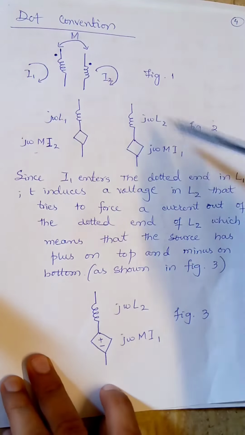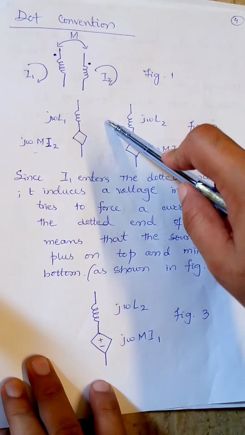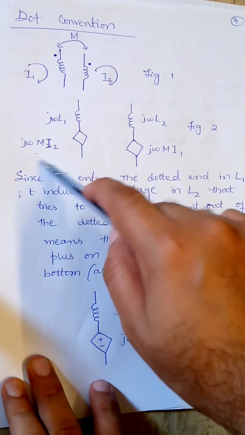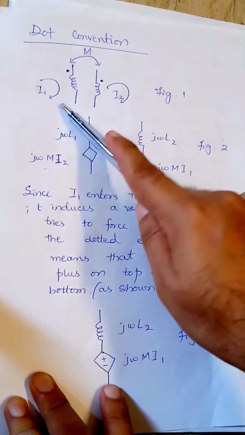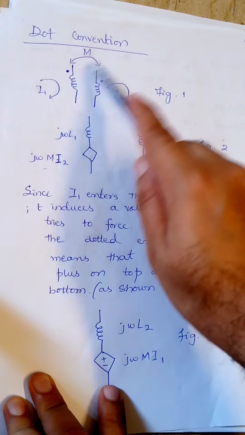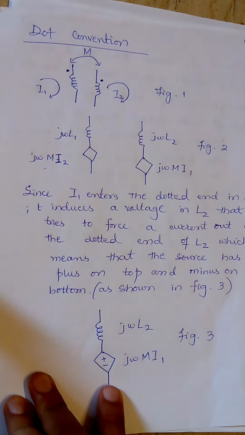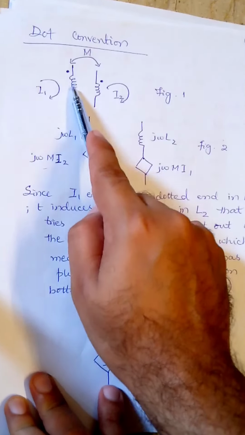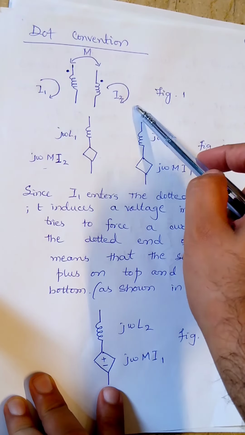Now we will see how this mutual inductance is represented in a circuit. The mutual inductance is represented by a dependent voltage source. Here in figure 1, there are two coils which are magnetically coupled. I have marked the dots over here, which represent the dot convention. In coil 1, the current I1 is entering through the dot, and in coil 2, the current I2 is leaving the dot.